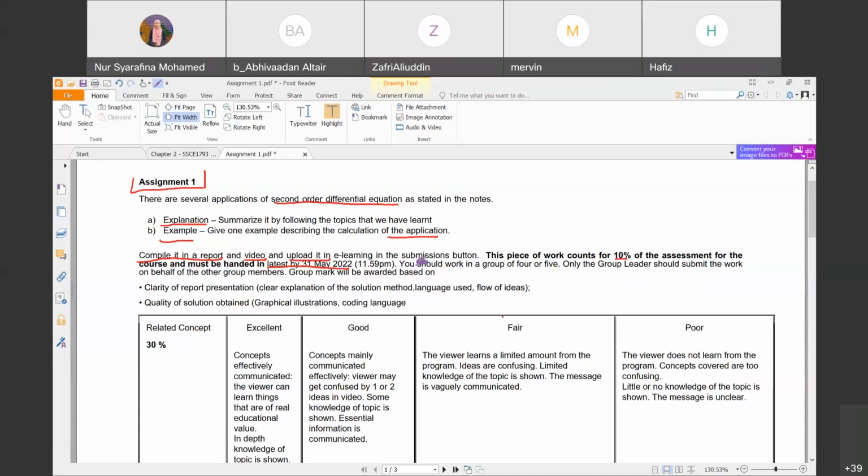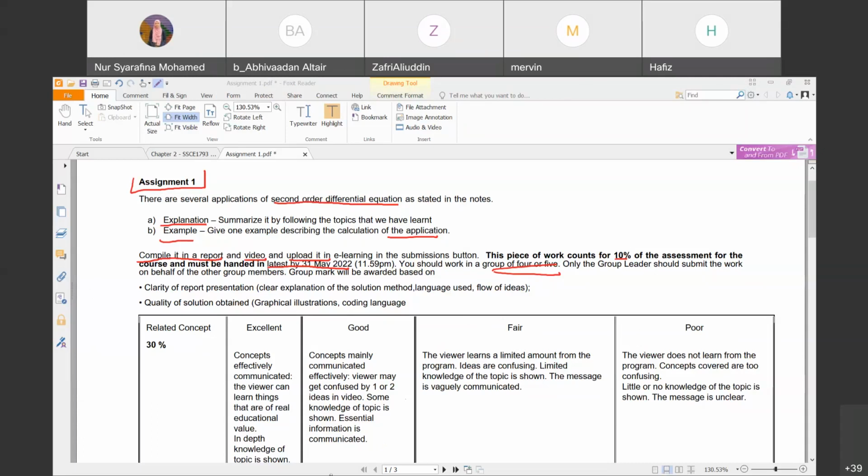You should work in a group of 4 or 5, but this class, I think it is about 53, right? Is it 53 students? Let me check. We have 54.